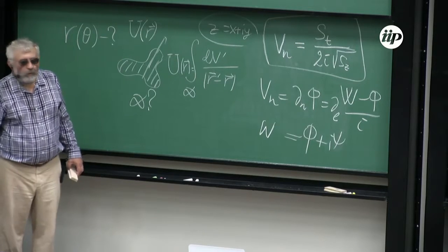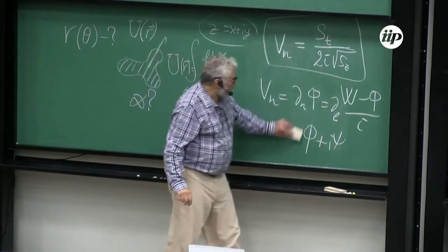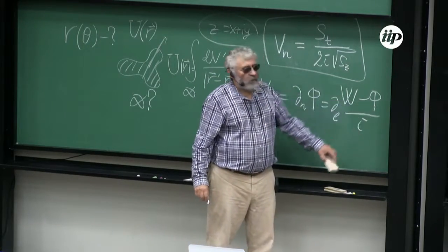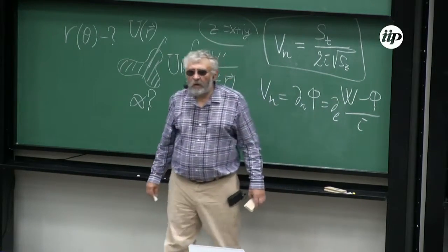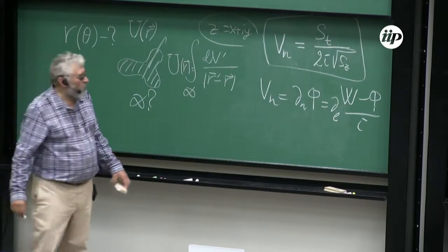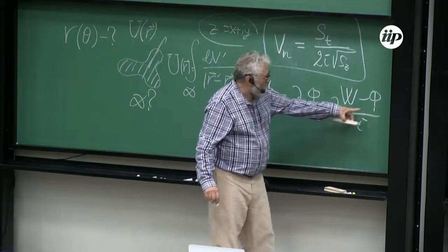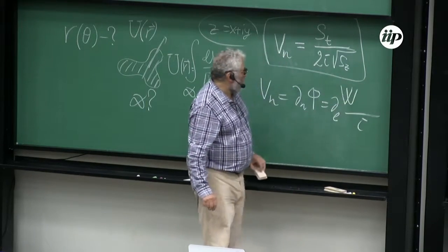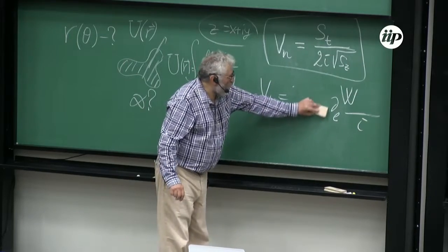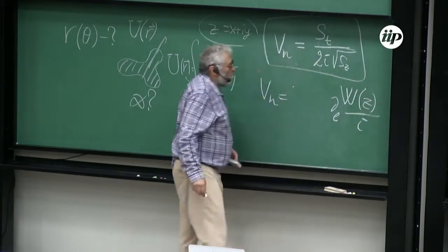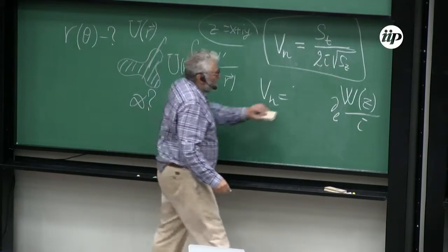Right? But the tangential derivative of phi is 0, because phi does not change itself along the boundary. Phi is 0, you remember? But this depends on Z only, it's a holomorphic function.